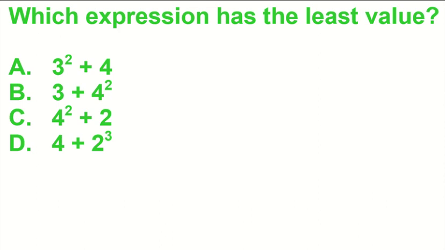Robert? A is incorrect. Tariah? D is correct. All right, so we're looking for the one that has the least.